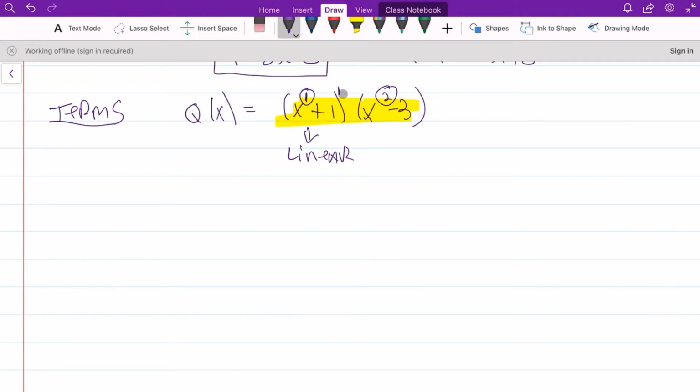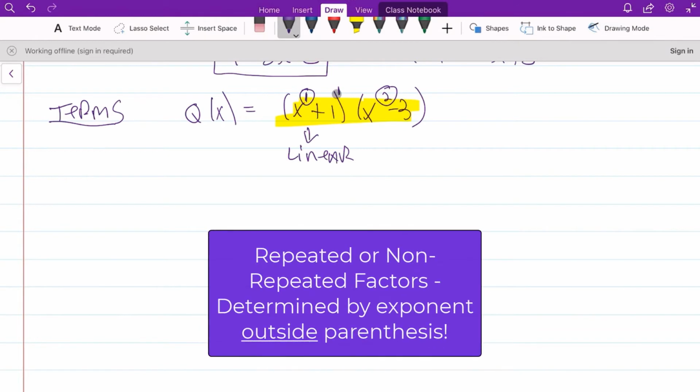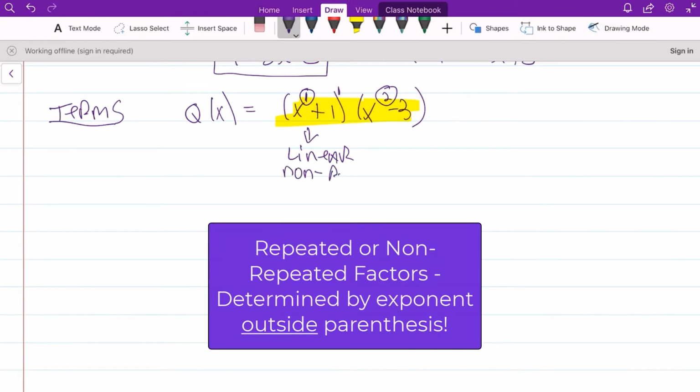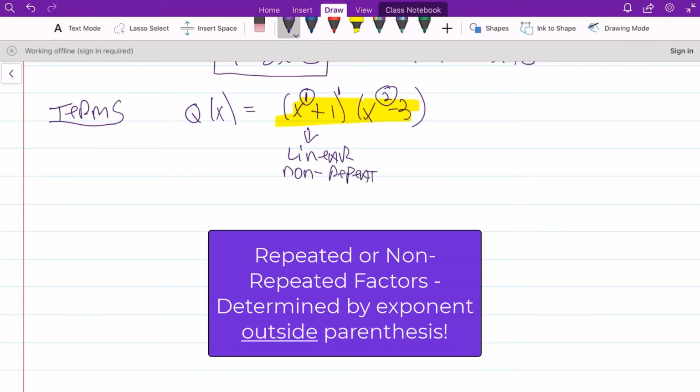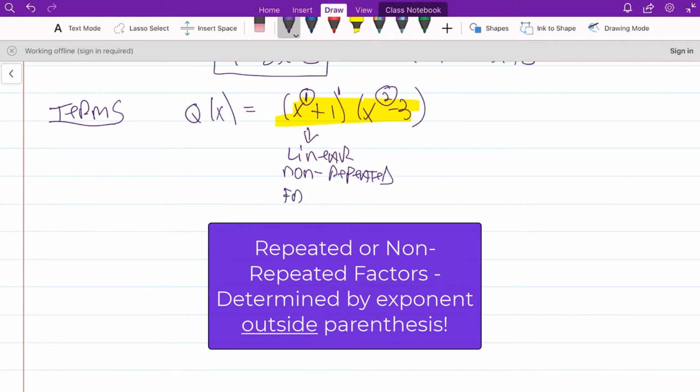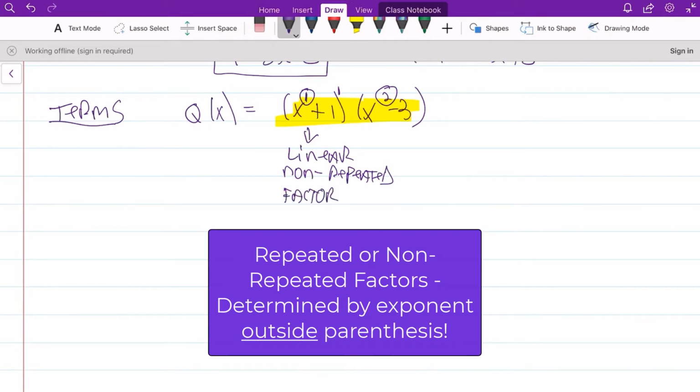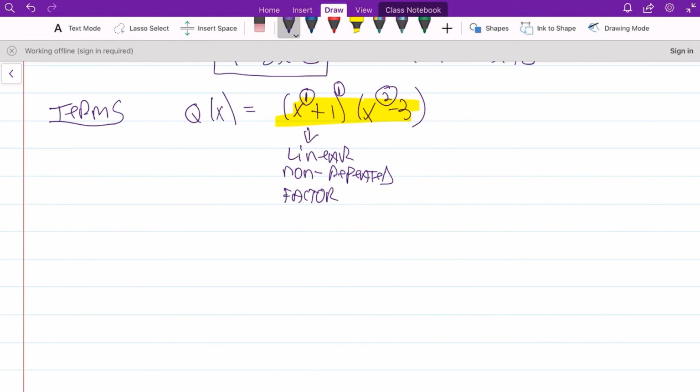So if your exponent is a 1, this is considered a single factor or a non-repeated factor. Again, it's linear because the exponent inside here is 1, and it's going to be considered a non-repeated or a single factor because the exponent on the outside is a 1.